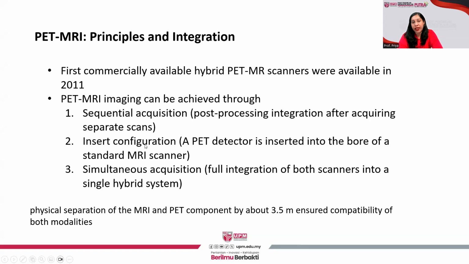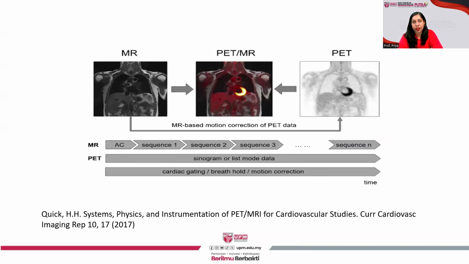Or thirdly, it could be a simultaneous acquisition where there is full integration of both scanners into a single hybrid system. For the MR that is fully integrated with the PET system, we can see different sequences being performed as the study progresses with continuous PET acquisition.